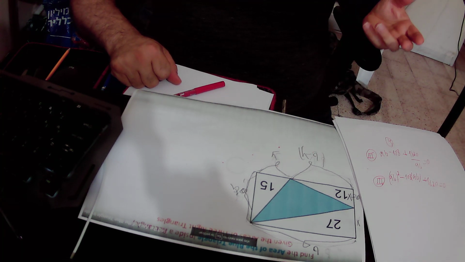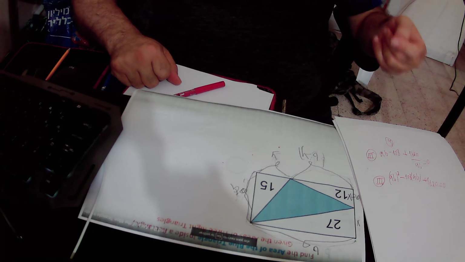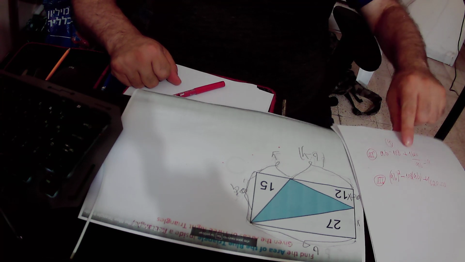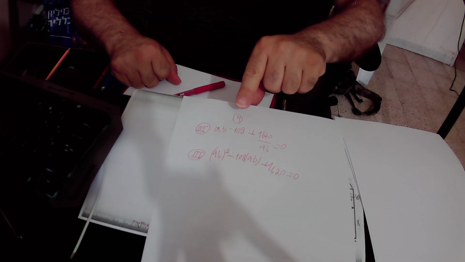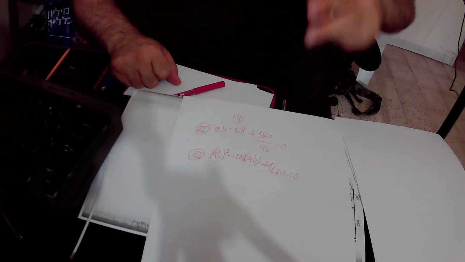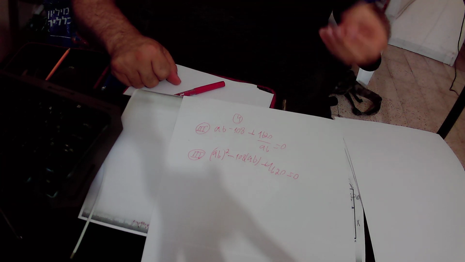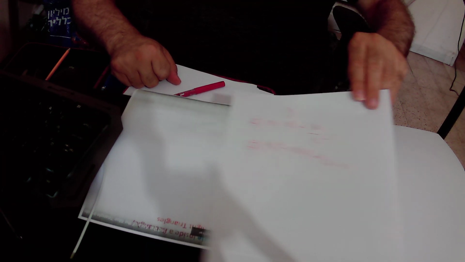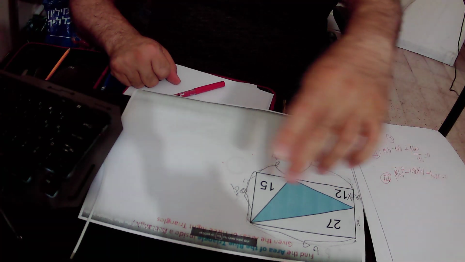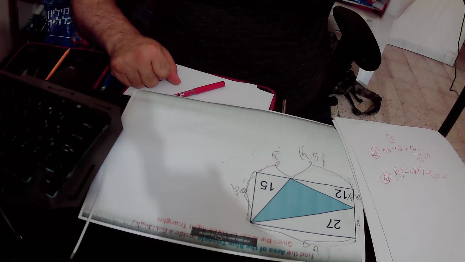So when we find, by solving this quadratic equation, the root, that is to say AB, we will know the area of the rectangle.